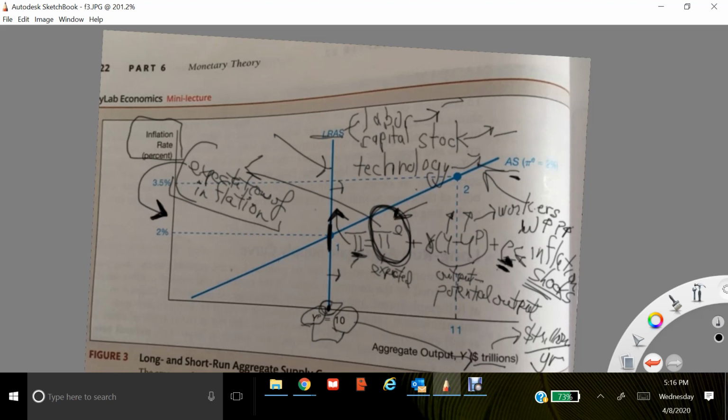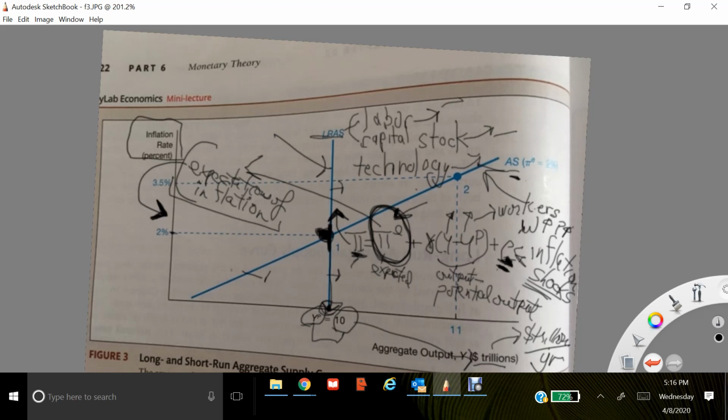So, given this equation here, you would say that there would be a certain rate of inflation. The rate of inflation today, let's say, you could associate that with today's output, and this is where you would be on your short run aggregate supply curve here.